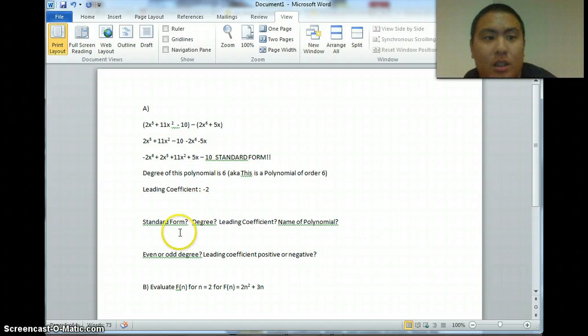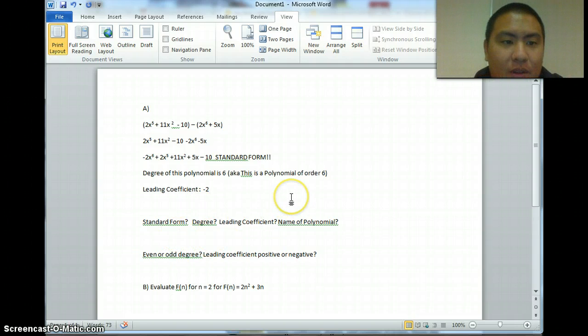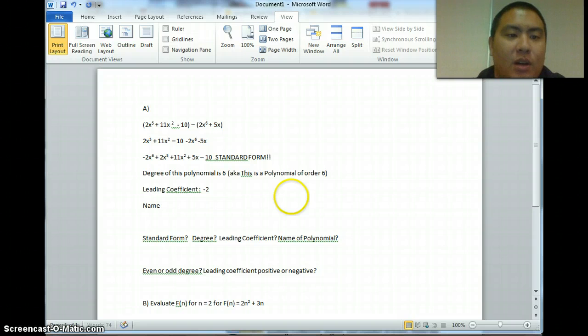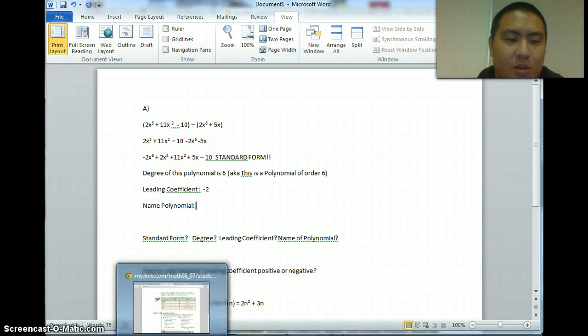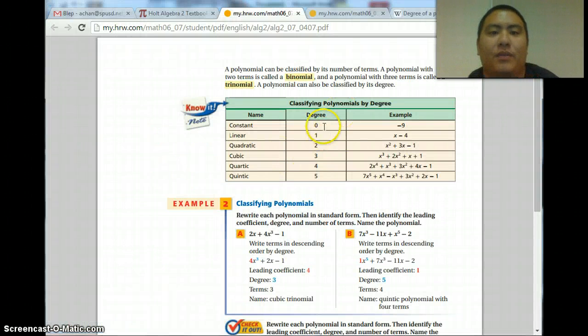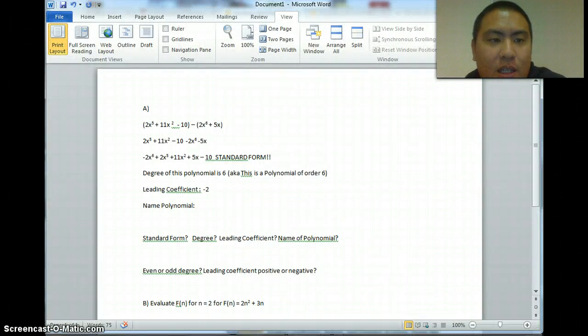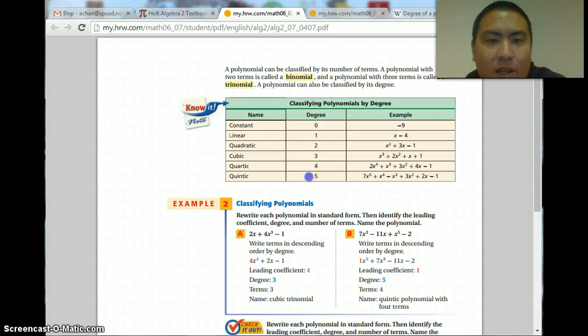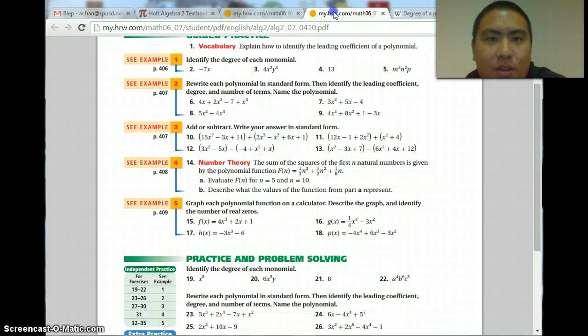Okay. Alright. The name of the polynomial. No, it's not a trinomial. So the name of the polynomial is this. We can go ahead and pull it up, either from the book, which tells us about anything with the x to the, well, in this case we had an x to the 6. So we don't have a degree 6 here. So let's go ahead and look.